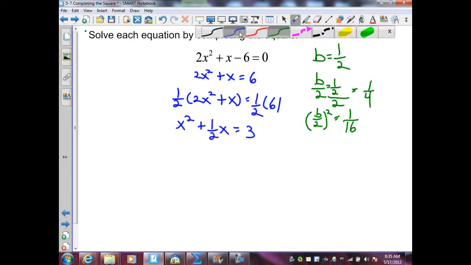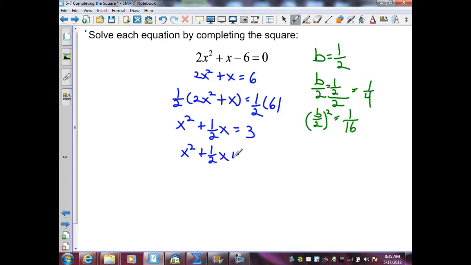That gives me x squared plus 1/2 x plus 1/16 equals 3 plus 1/16. The equation is balanced because I added 1/16 to both sides.